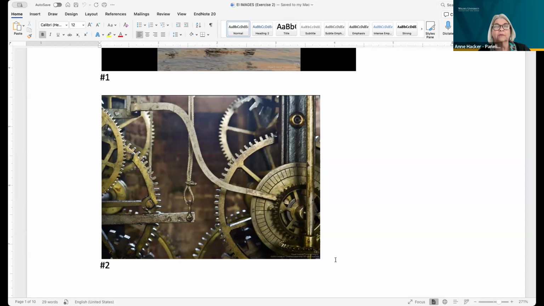But the feeling is time's ticking by, it's work. There never seems to be enough time. That's good.